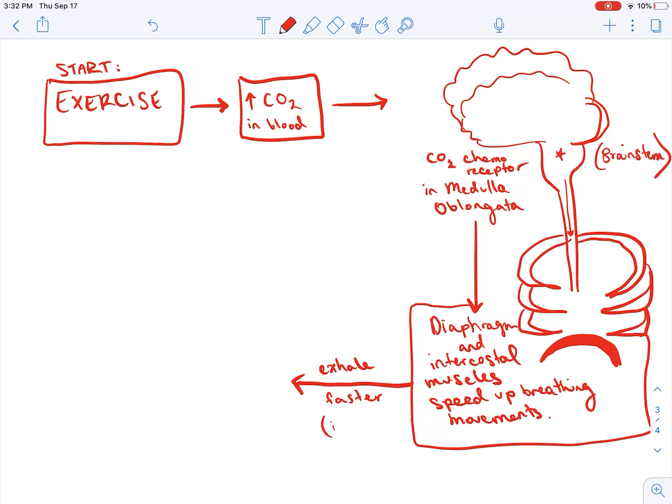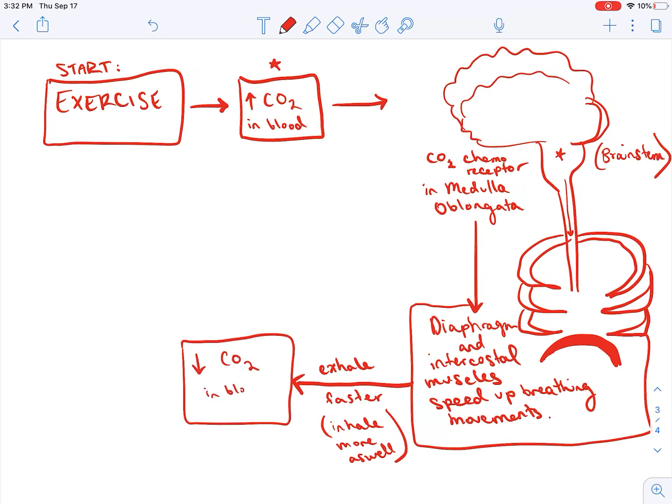At the same time, obviously, you're going to inhale more as well. But really we're focusing on exhaling the CO2 at this point because we're trying to fix the high CO2 in the blood. So the result of this is we're going to have lower CO2 in the blood. As a side note too, we should have increased oxygen as well.